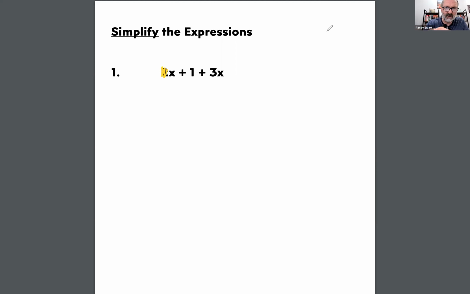The x's are alike. Notice how I also highlight the operation in front of the term that's part of that term, because you're adding 3x. So that plus has to go with the 3x.